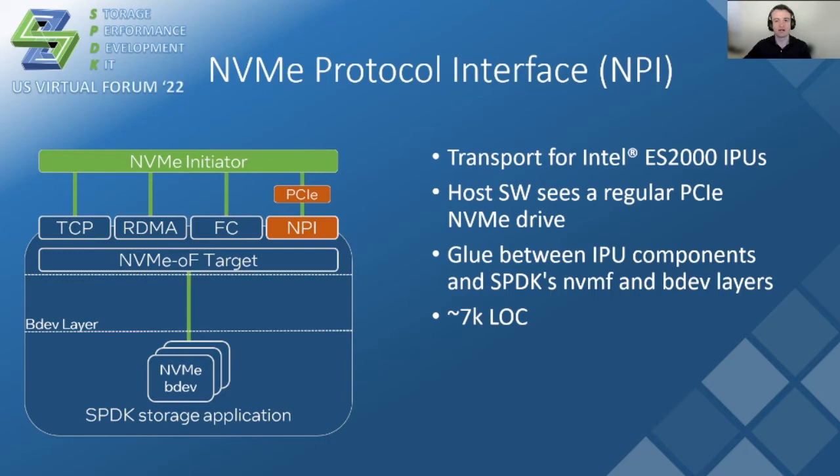This stands for NVMe Protocol Interface, and it plugs right into the NVMe transport abstraction and presents a number of PCIe NVMe devices to the host. The NPI transport is responsible for providing the glue between IPU hardware, its components, and the SPDK libraries. And it's around 7K lines of code.